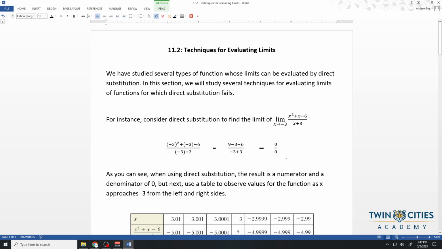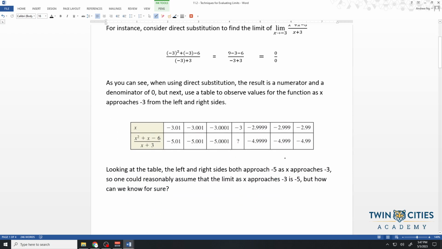Because if I take a look at values approaching -3 from the left and right sides, this is the table that I come up with. At x is -3.01, the function is -5.01, and x is -3.001 gives us -5.001 for the function, and -3.0001 for x gives us -5.0001 for the function.